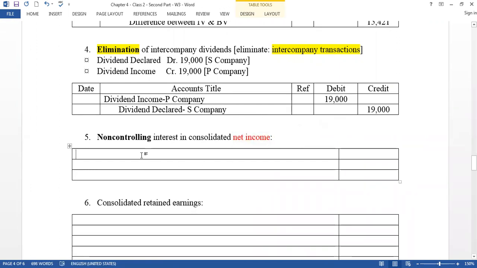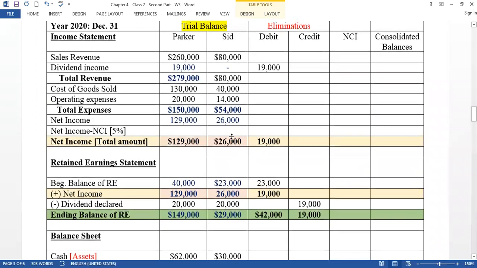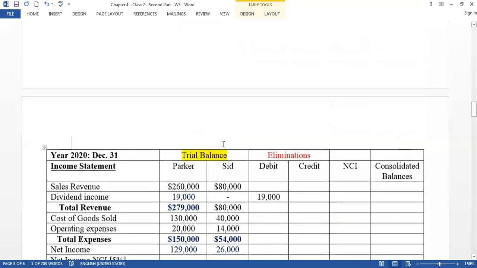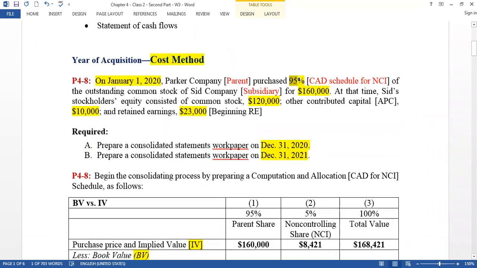And we know that the net income of the S company, the subsidiary company, is $26,000. The parent company acquired 95% of this net income, and we have to establish NCI for the remaining 5%.